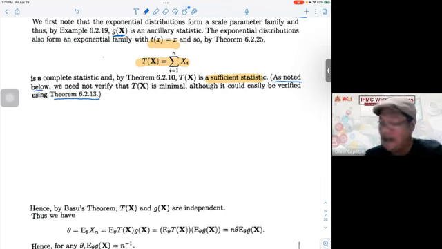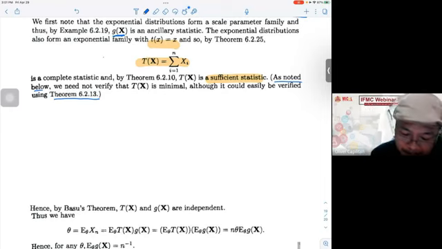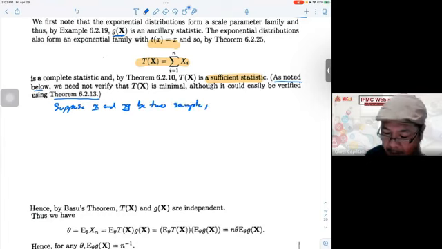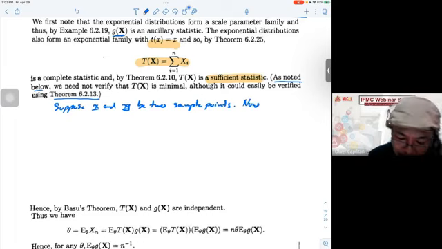So kung gusto niyo yung i-verify, pwedeng ganito. Suppose we have two sample points, x and y, be two sample points. Gusto ko sanang tapusin kasi now, we have the ratio of the PDFs, the parameter.